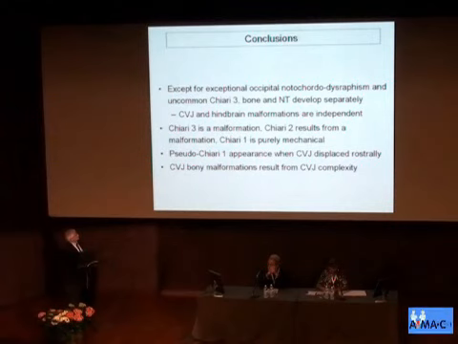Chiari 3 is a malformation, Chiari 2 results from a malformation, and Chiari 1 is purely mechanical or related to an abnormal anatomy initially. When the craniovertebral junction is displaced rostrally, then you have a pseudo-Chiari 1 malformation, and basically the craniovertebral junction anomalies are related to the extreme complexity of the development of this structure.